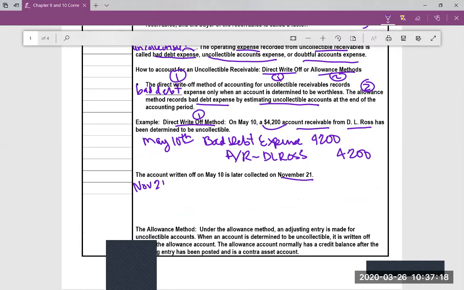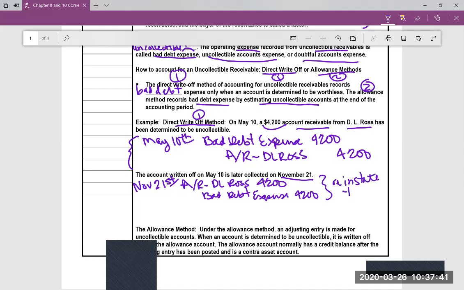So November 21st, we're basically going to reverse this entry right here. So we're going to reestablish the AR from D.L. Ross for $4,200. We're going to credit bad debt expense. What this is called is reinstate the AR.